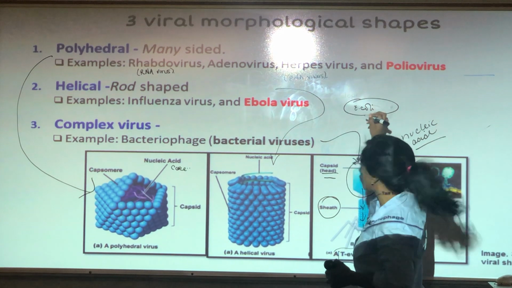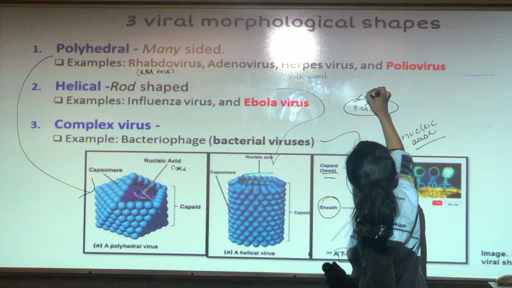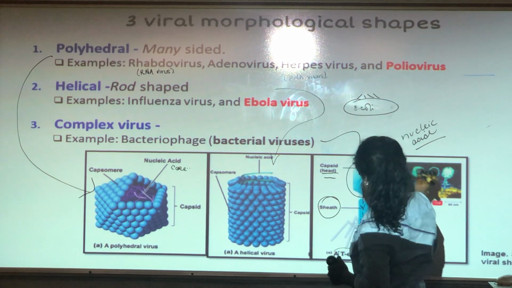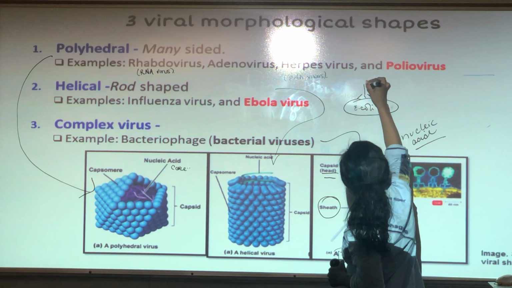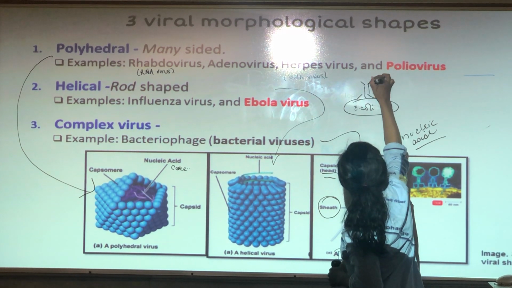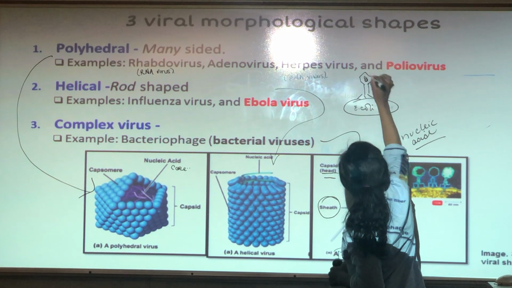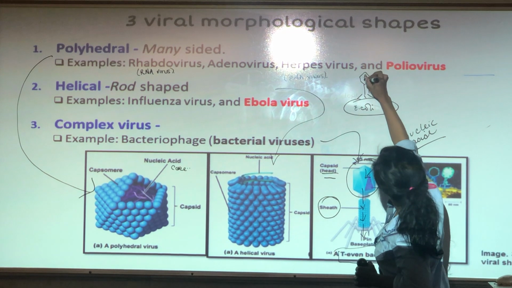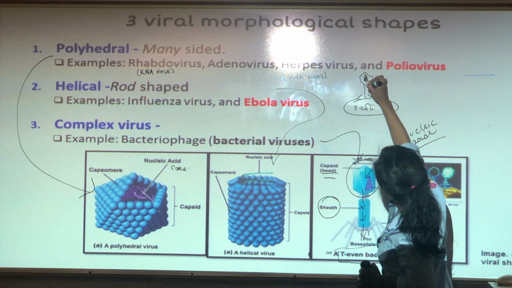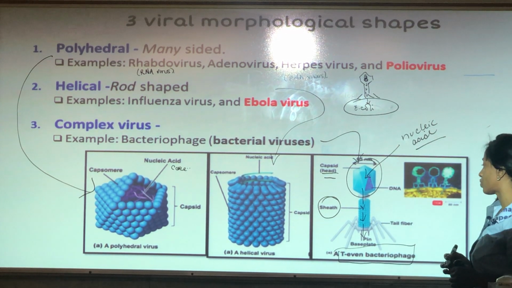E. coli gets infected by many of these T-even phages, all right? So this will be the pin in the base plates at the bottom, right? And then you would have this polyhedral head at the top that will have all the genetic material, all right? So in order for the genetic material to get from the head and down into E. coli, the sheath is going to contract, all right?